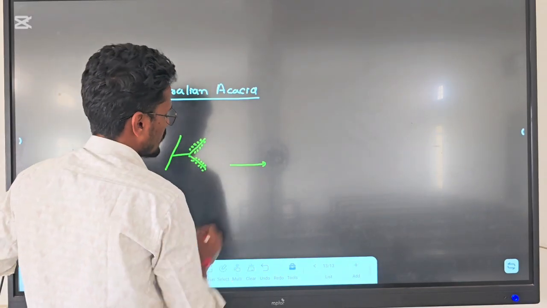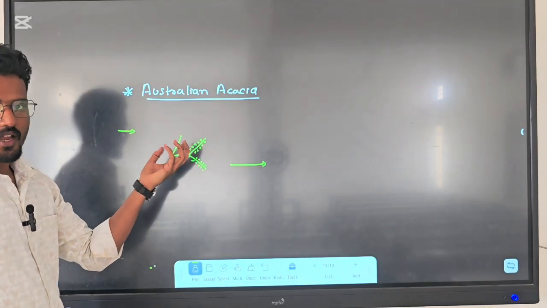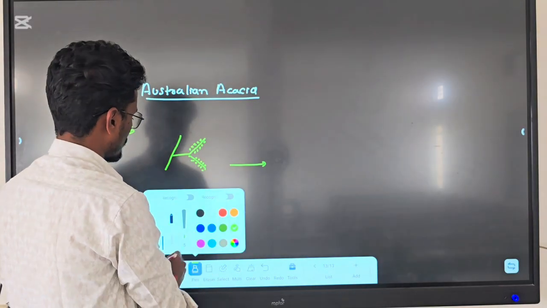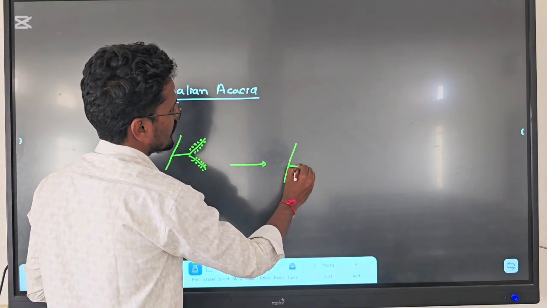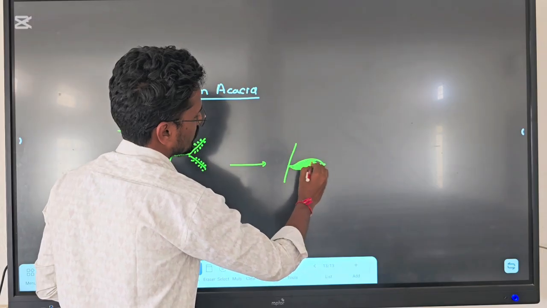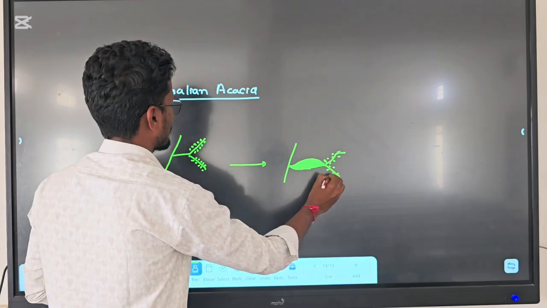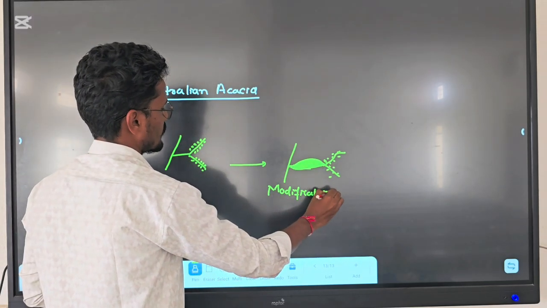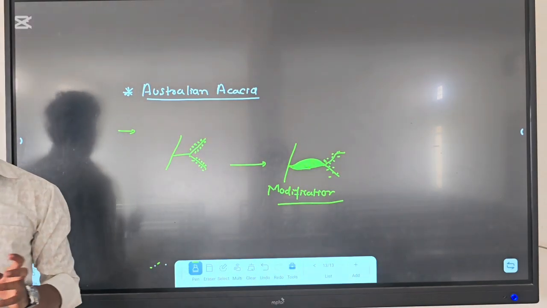These lose their capacity and fall off. Then here the petiole itself expands like this, into a green structure, and it performs photosynthesis. So this is another type of modification in Australian acacia.